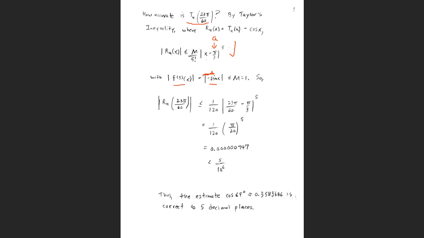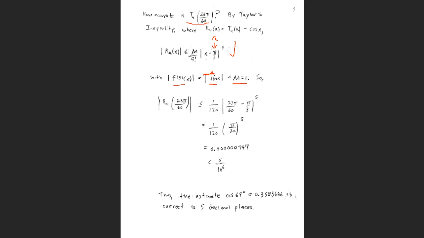So the absolute value of negative sine can't get bigger than 1. So you take M equal to 1.